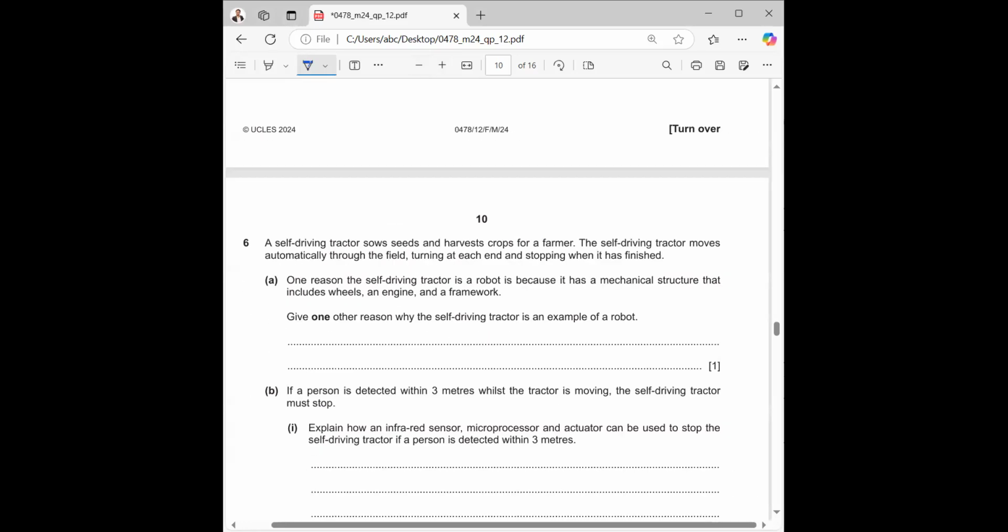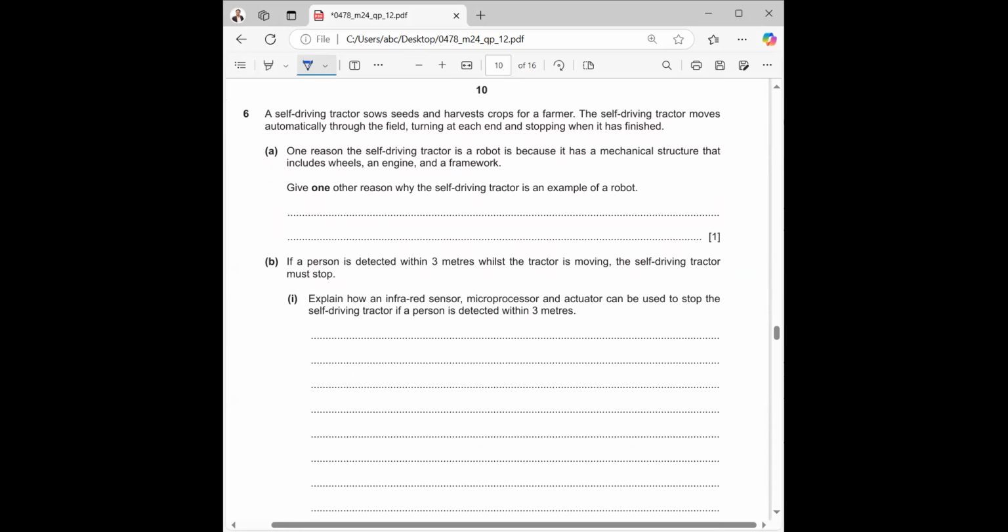Then this is a question from chapter number 6, which is automated systems. The question says that a self-driving tractor sows seed and harvests a crop for farmers. The self-driving tractor moves automatically through the field, turning at each end and stopping when it has finished. One reason the self-driving tractor is a robot is because it has a mechanical structure that includes wheels, an engine, and a framework. Give one other reason why the self-driving tractor is an example of a robot.